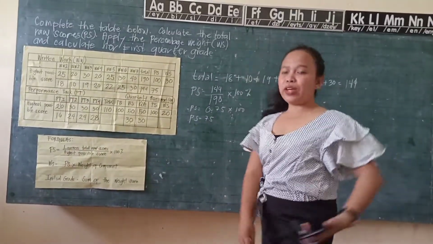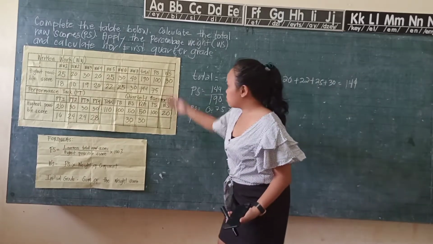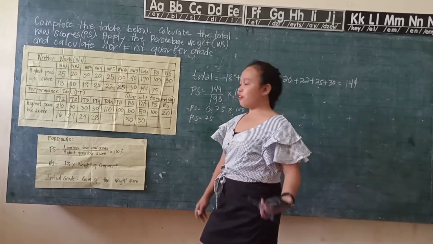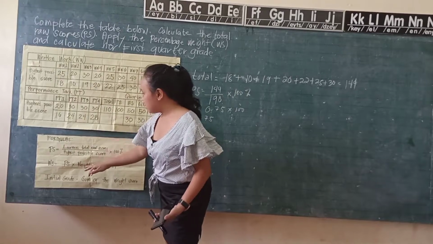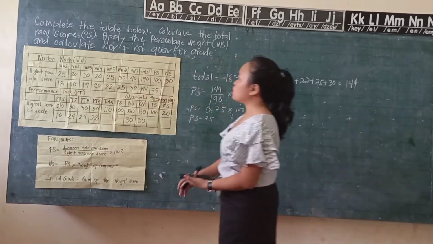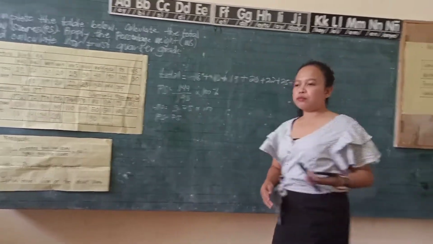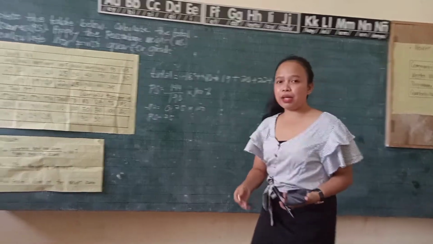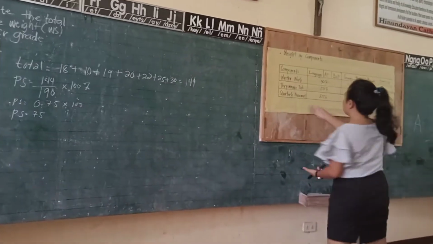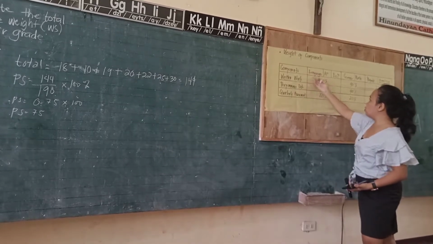So next we are going to find the weighted score with the use of the formula PS times weight of components. Since we are going to compute the grade in Araling Panlipunan, we are going to use this weight of components.